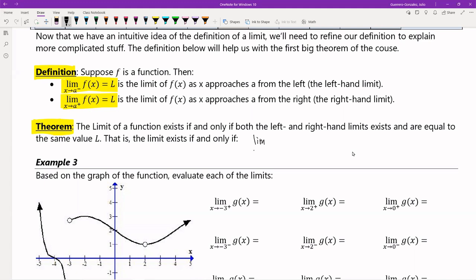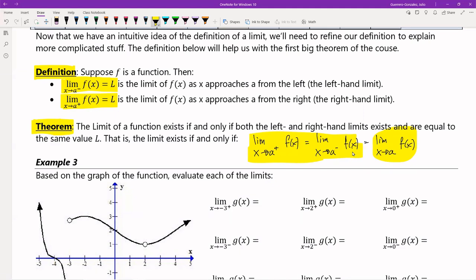The limit as x approaches a from the positive side of f of x has to equal the limit as x approaches a from the negative side of f of x, and this is equal to the limit as x approaches a of f of x. I like to call this one the flat limit, because it doesn't have the plus or minus on it. So if these two exist, then it must be equal to the flat limit, the one without the positive or the negative.